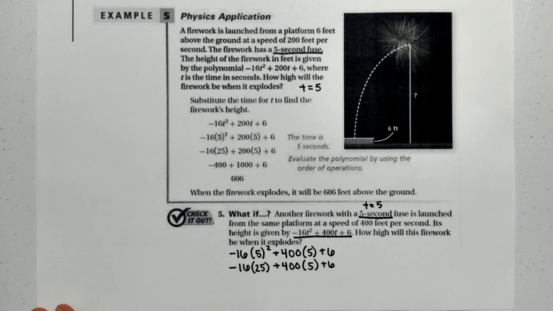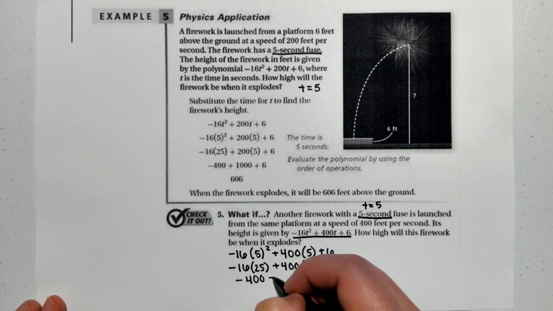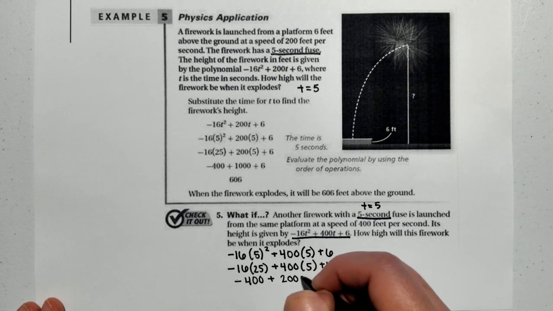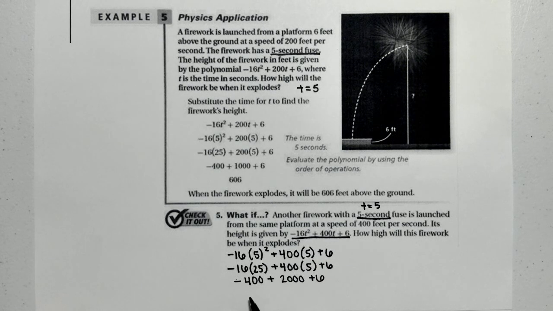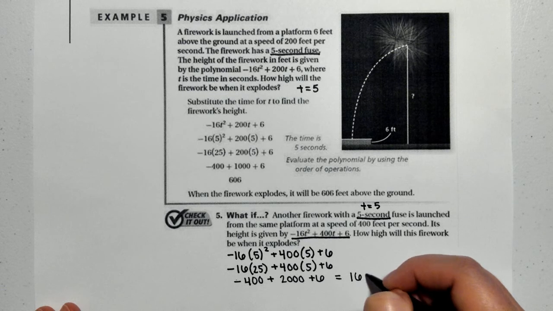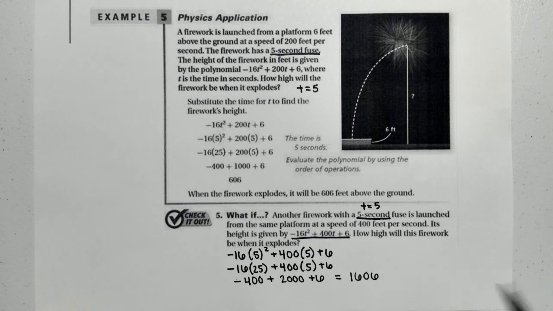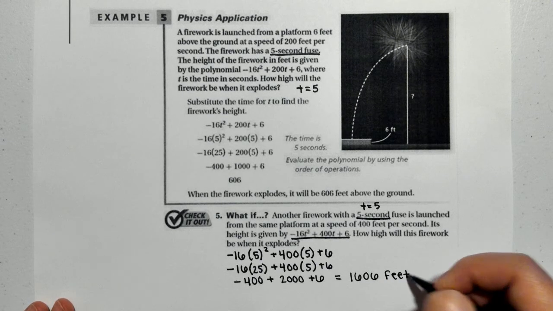Negative 16 times 25 is negative 400, plus 400 times 5 will give us 2,000, and then plus 6. Negative 400 plus 2,000 plus 6 will give us 1,606. So how high will the firework be when it explodes? It'll be 1,606 feet above the ground.